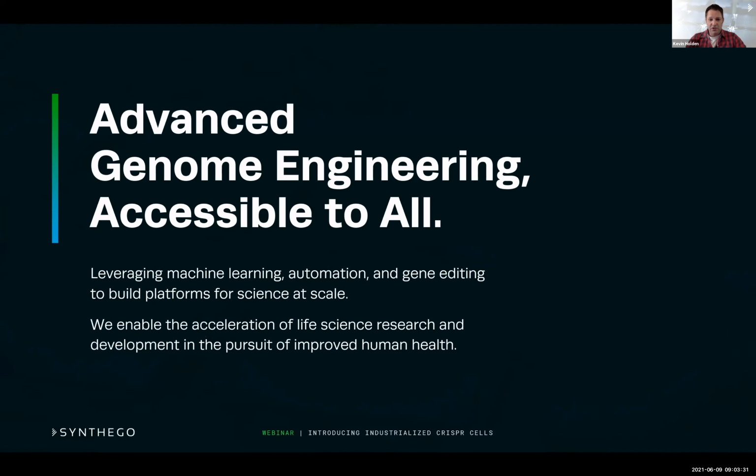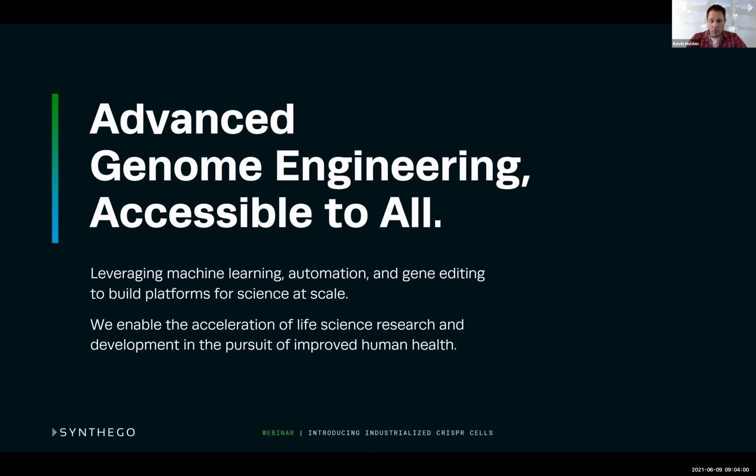Okay, so just as a quick introduction to Synthego and who we are, we're a genome engineering company. We really believe that it's possible for everyone to be able to access this new transformative technology of genome engineering utilizing the CRISPR-Cas9 technology. And so at Synthego, we really believe that you can leverage machine learning, automation, and this technology to build platforms for doing science at scale.